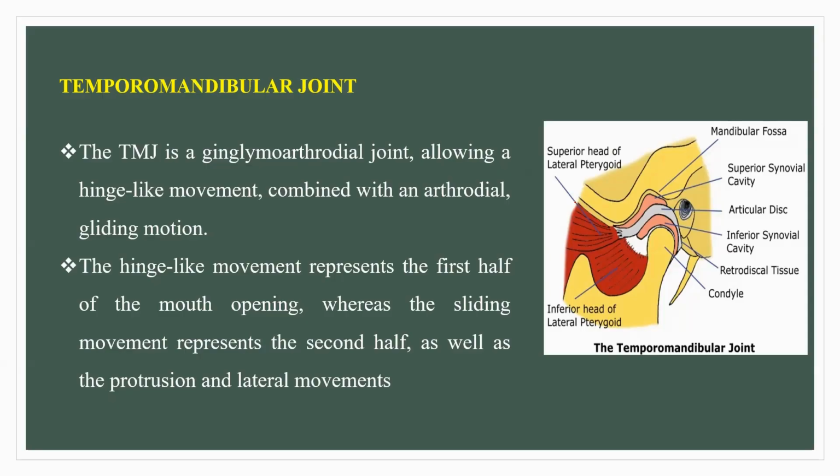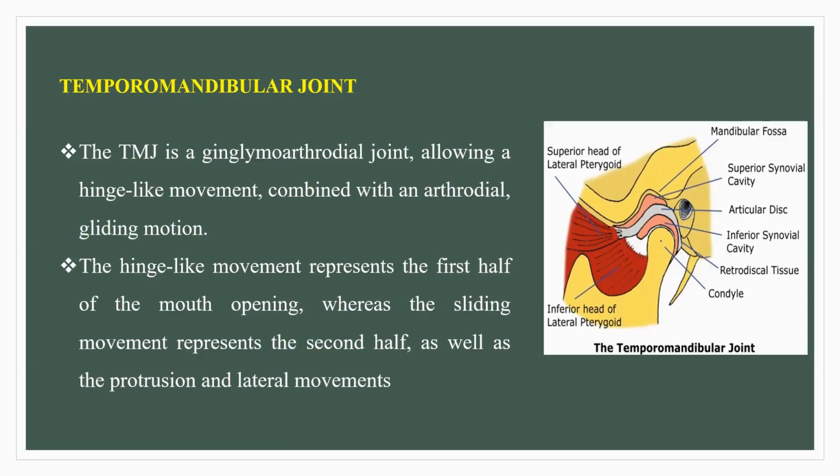That is what is meant by this term. The hinge-like movement represents the first half of the mouth opening, whereas the sliding movement represents the second half. It also includes the protrusion and the lateral movements.